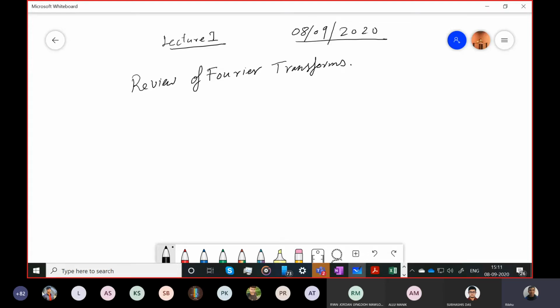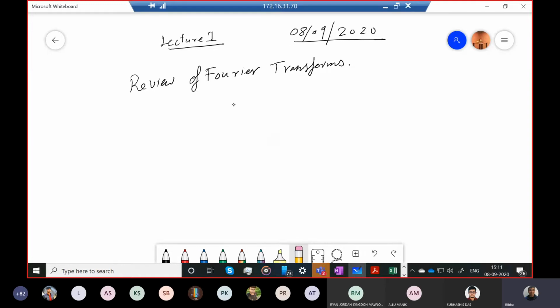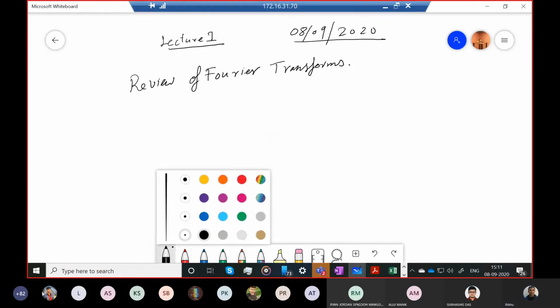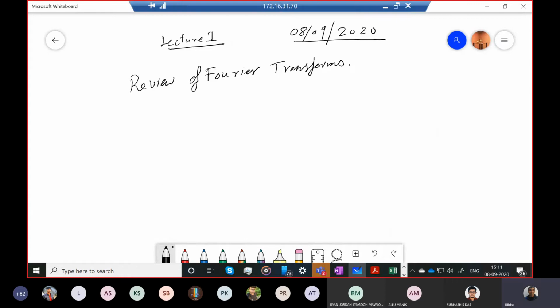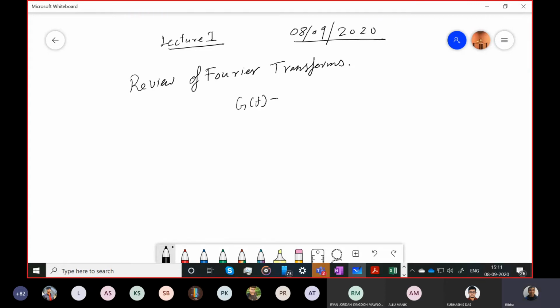Fine. So just to brush up our knowledge, we'll review some properties of the Fourier transform before we start.